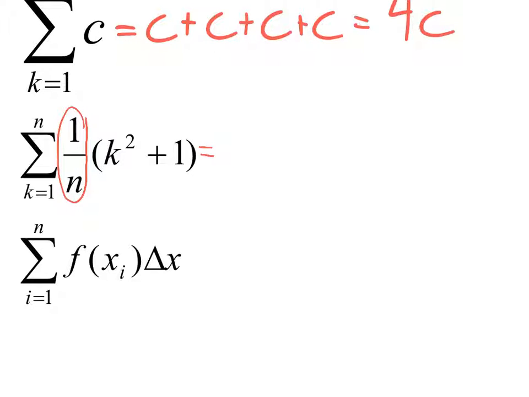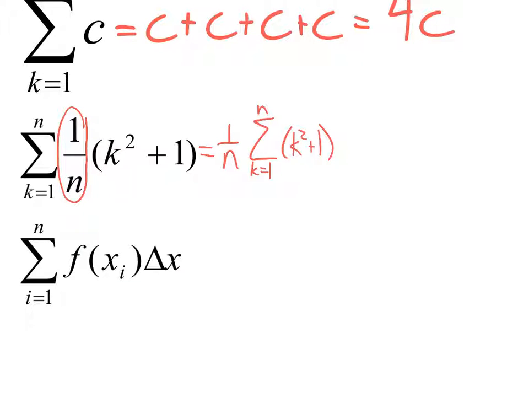So that's going to appear in every single one of those as I'm adding it up. Or I could actually pull that constant outside the sum and go from k equals 1 to n of just the k squared plus 1. Okay? Does that make sense?